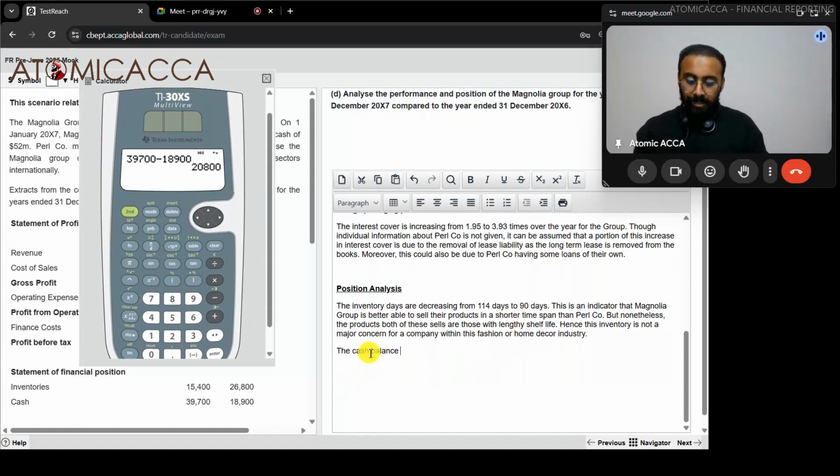The cash balance over the years has increased only by 20.8 million.